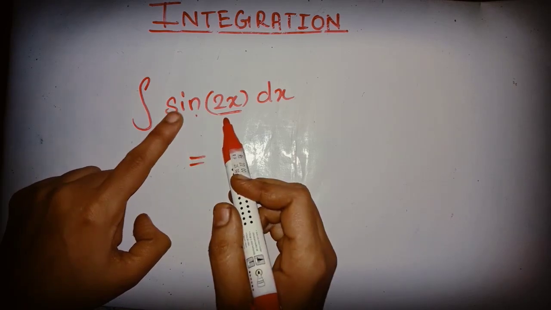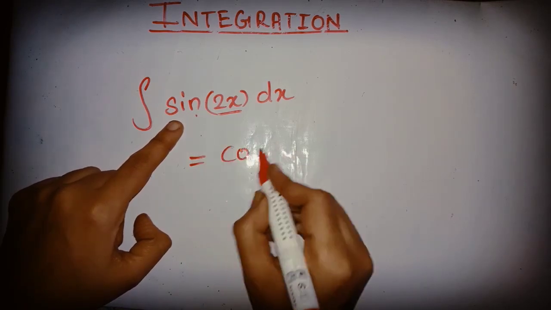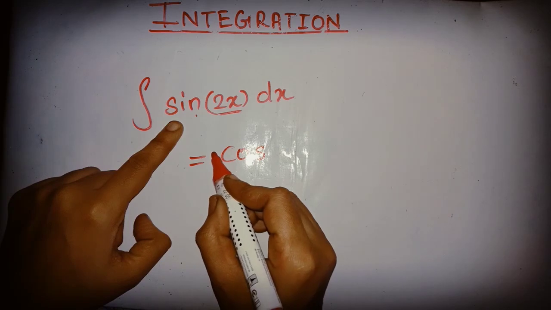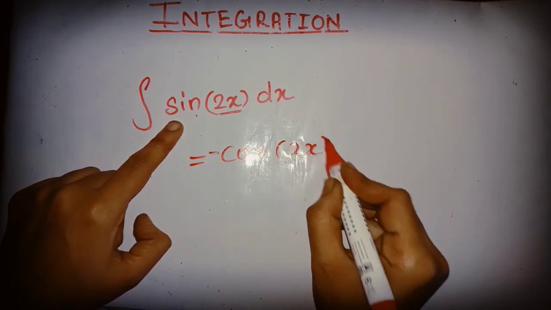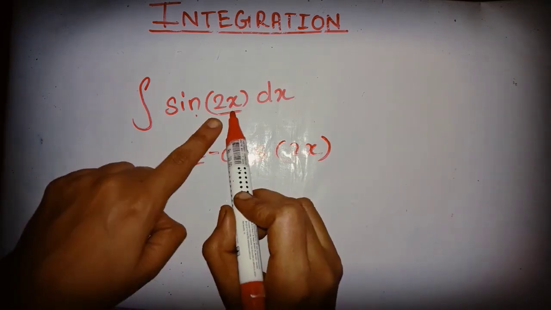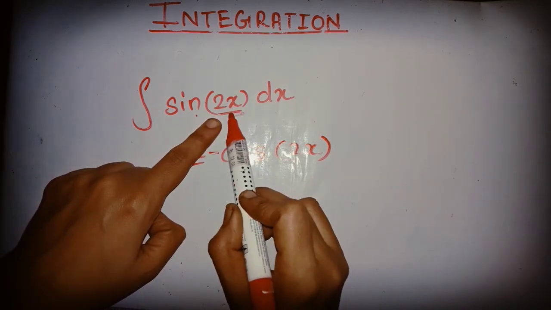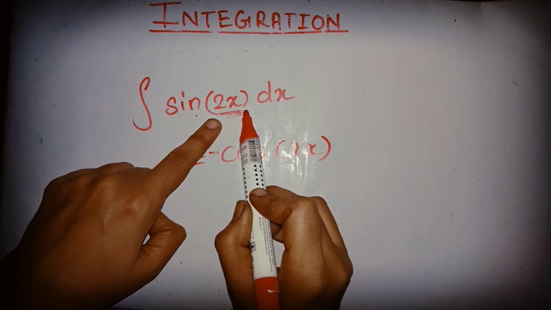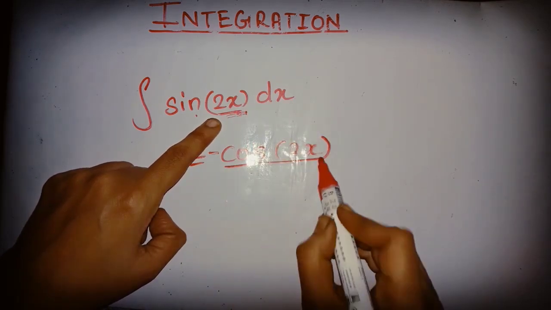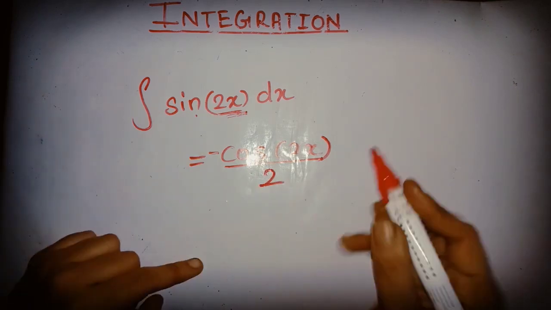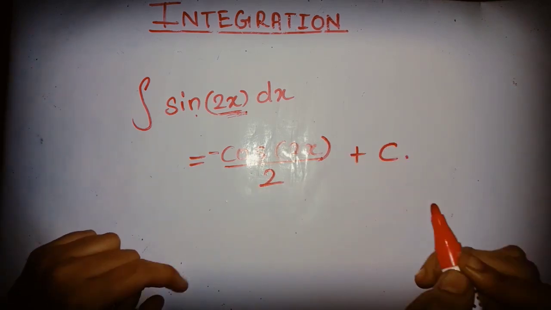What is the integration of sin? It is minus cos, correct? Minus cos 2x, and then you have to take the derivative of 2x. Derivative of 2x is 2. That you have to write to divide.